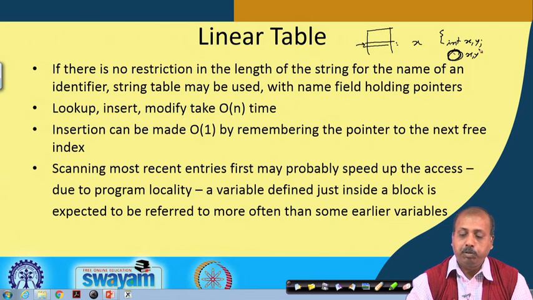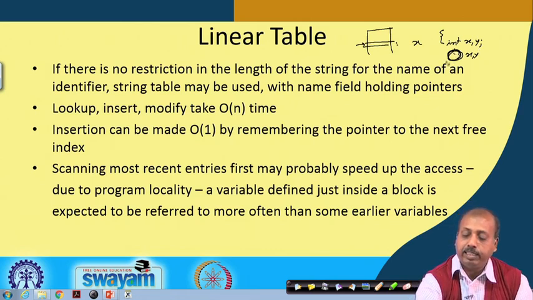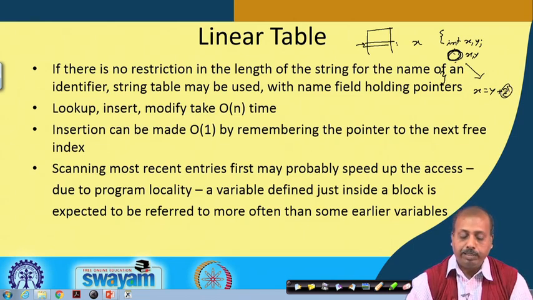This is due to program locality. Because of the locality, it is very likely that the variables defined in the most nested block will be referred to more often compared to some other variable. Like there may be a statement like x equal to y plus z, where z is a non-local variable, but the chances are less because it will be accessing the local variables more.